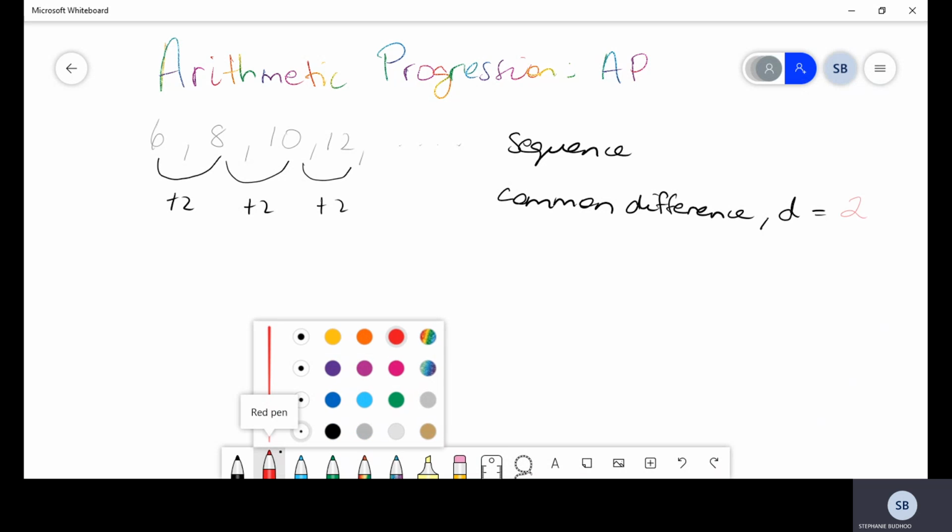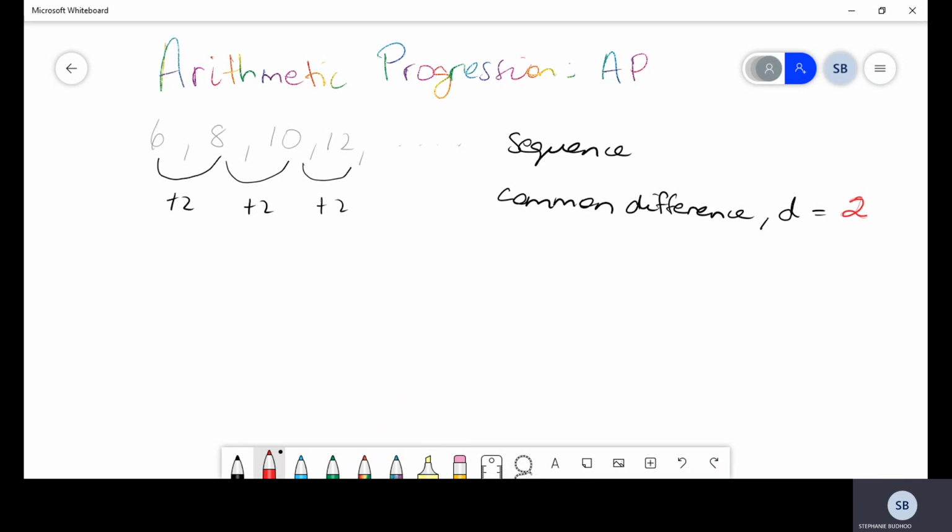Now, similarly, every sequence is going to have a first term. If you can recall, it is denoted by u to the 1 when we are dealing with sequences, but it has another letter when you're dealing with arithmetic progressions.